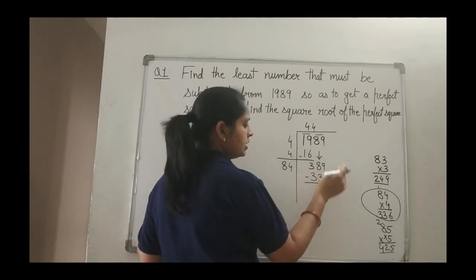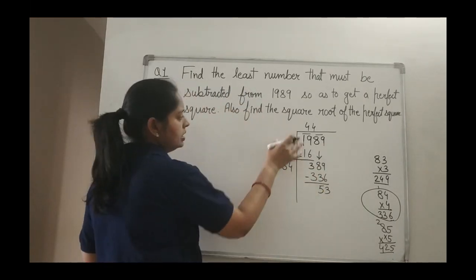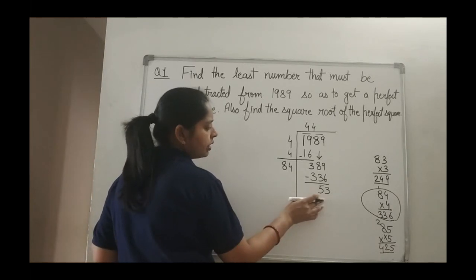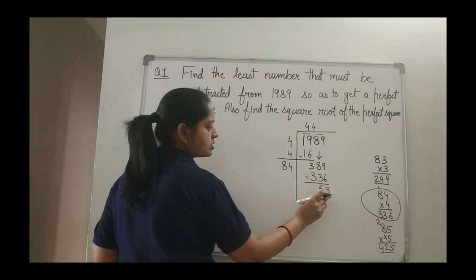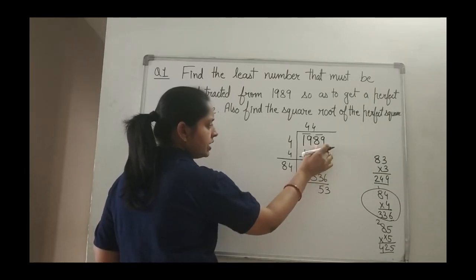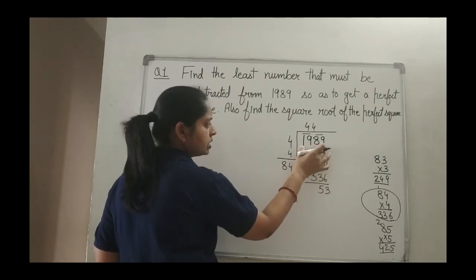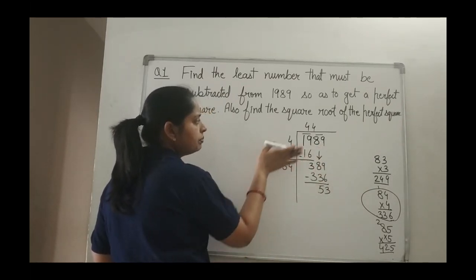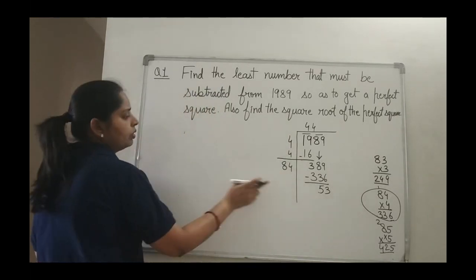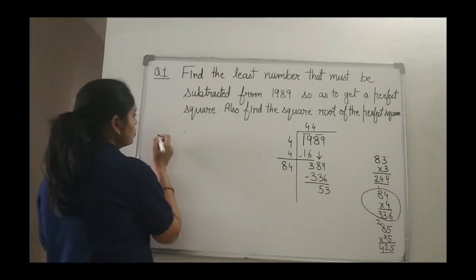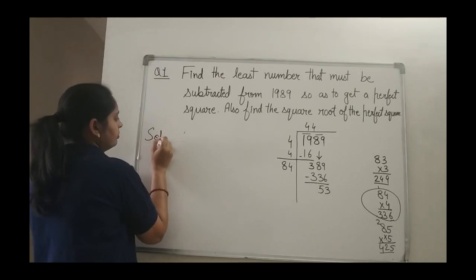Now I am not having any next number, and this is not a perfect square. That's why I am not getting 0 over here. So this number is extra. Whatever is the remainder, that number is extra in this. If I subtract 53 from this number, then it will become the perfect square of 44. So whatever remainder I am getting, that is to be subtracted.